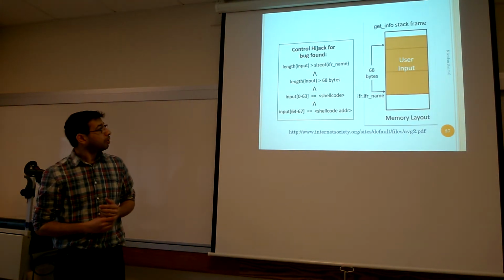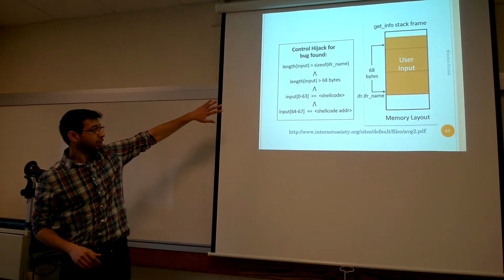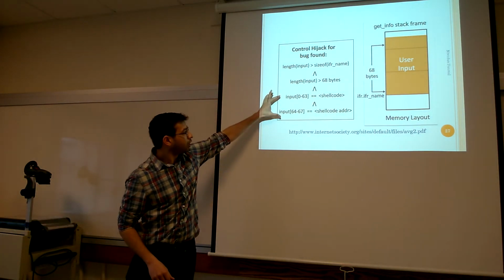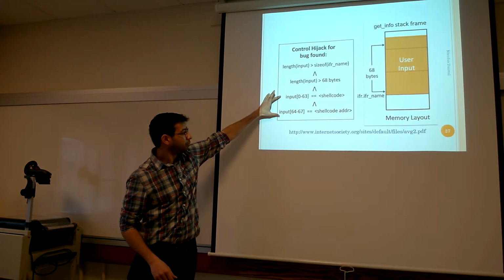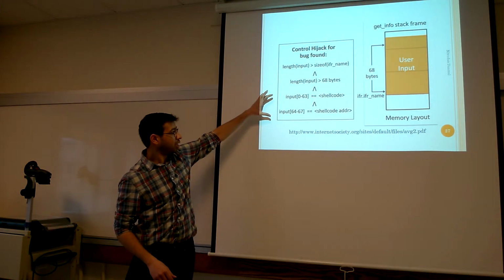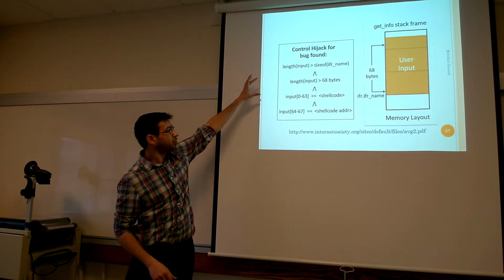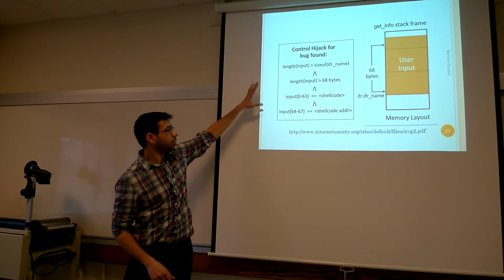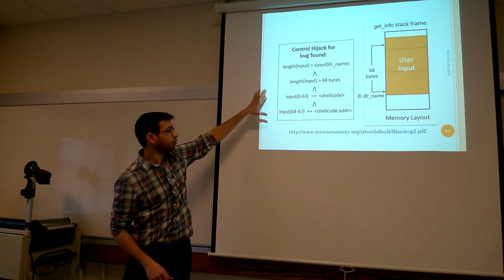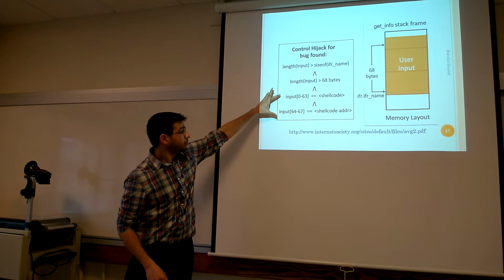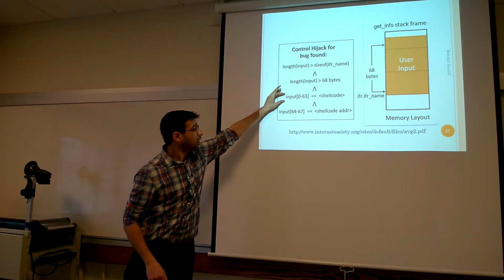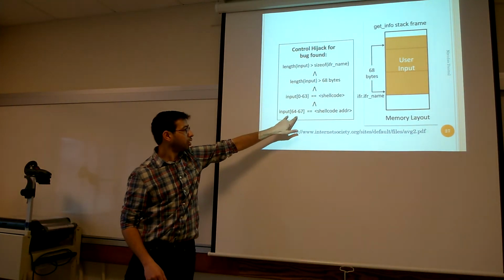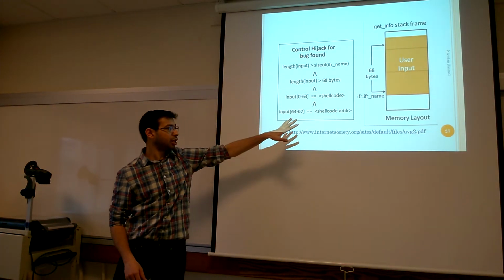We'll look at this predicate path up here, which we got from the previous process. What this particular part of the predicate says is that if all those conditions are satisfied, if the input length is greater than this much and the size of this input is greater than whatever the size of the buffer is, then these locations from 0 to 63 have my shellcode, and 64 has the shellcode address.